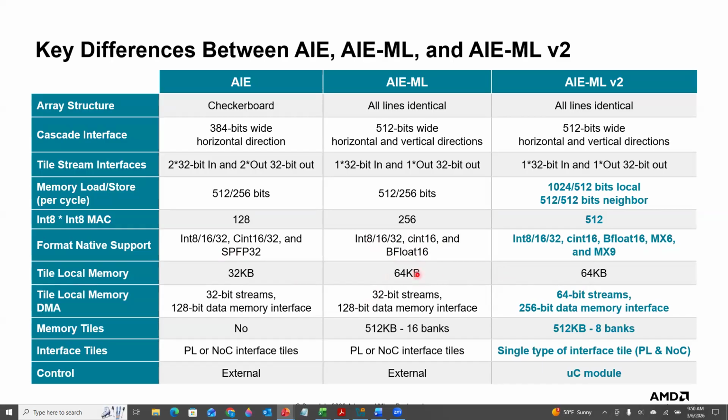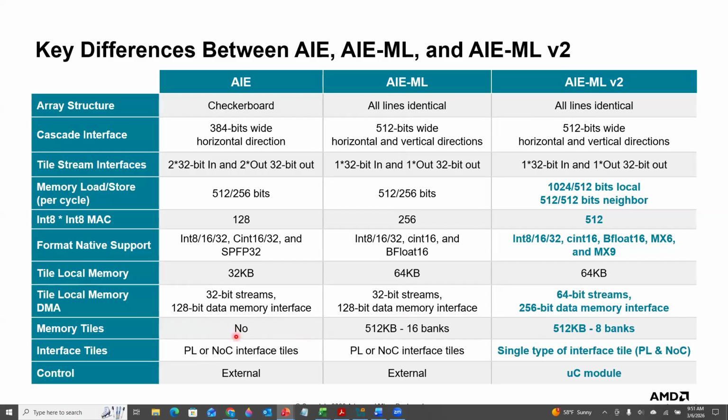Those local tiles are again 64K byte as opposed to the original 32K byte. The local memory DMA, 32-bit streams, overall 128-bit wide interface. In the newer families, it's a 64-bit stream up to a 256-bit memory interface. The memory tiles themselves only exist in the ML and the ML version 2.